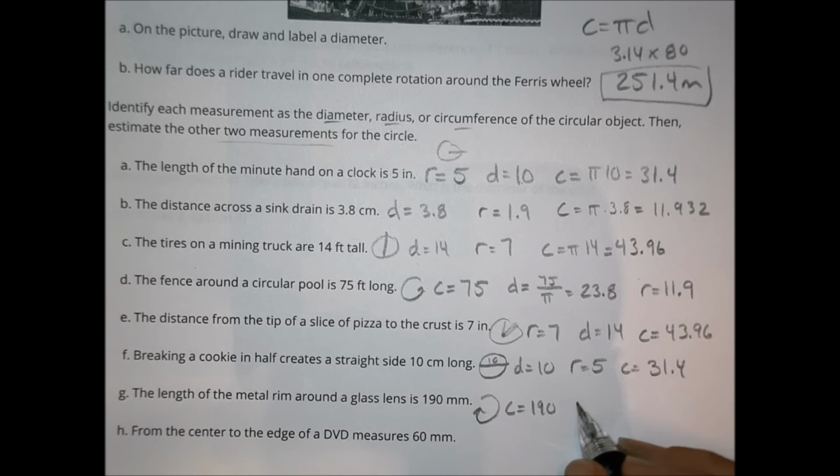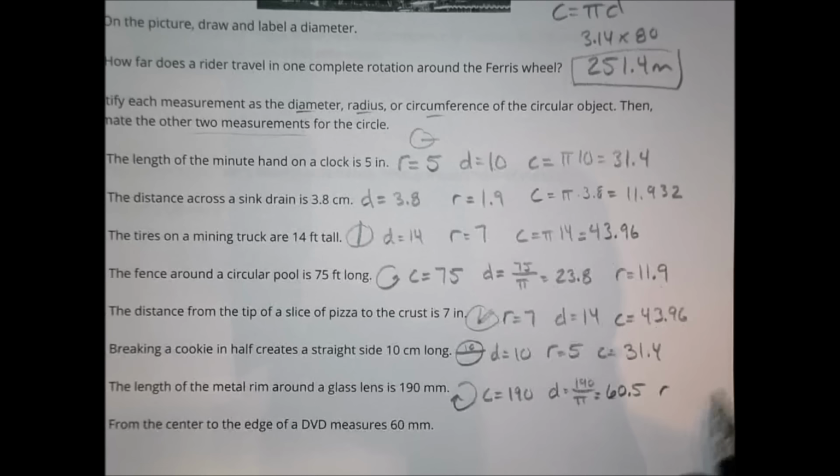So our diameter is going to be 190 divided by pi, which is in our case going to be 60.5. Our radius is going to be half of that, so our radius would be 30.25. And finally, the edge, the center to the edge of a DVD, so here to the edge, is 60.